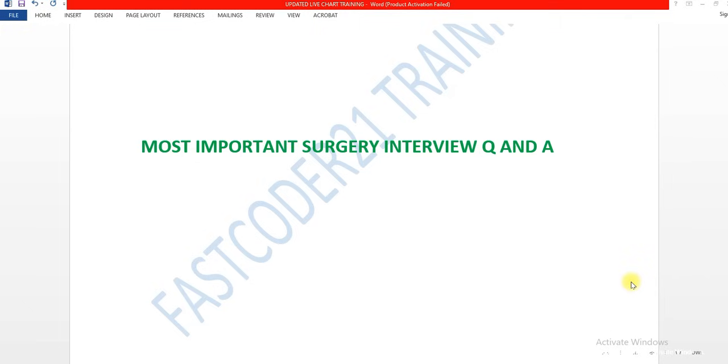So what is the difference between morselized and structural graft? Or otherwise, what grafts will you encounter in spine procedures? In spine procedures, we have only two types of grafts, allograft and autograft.